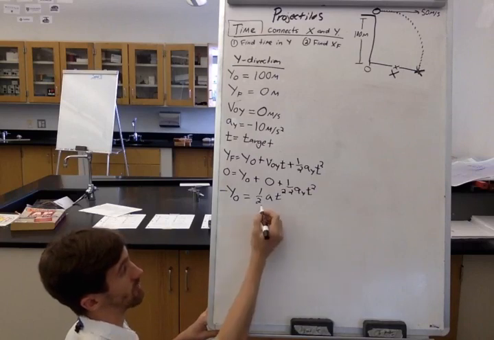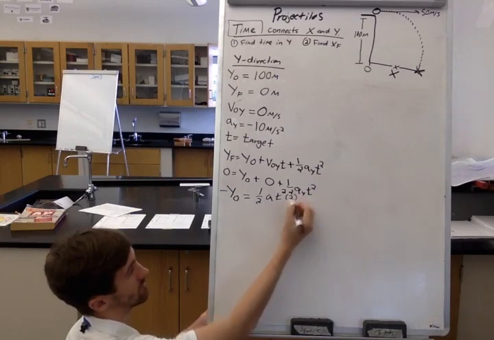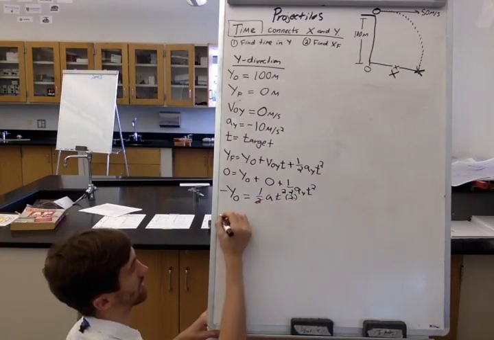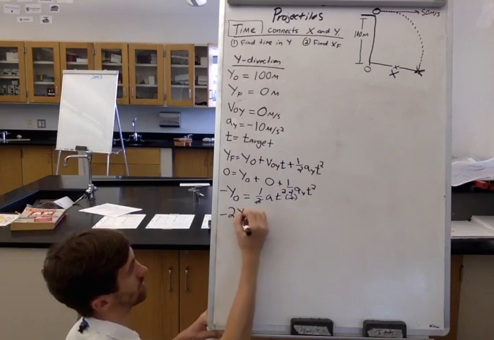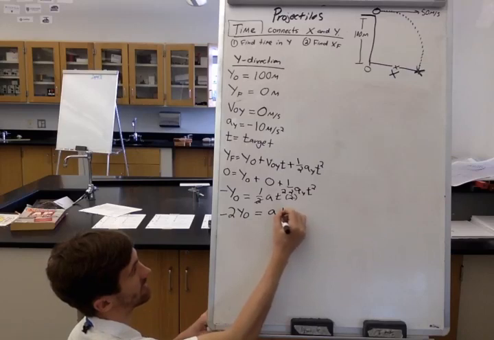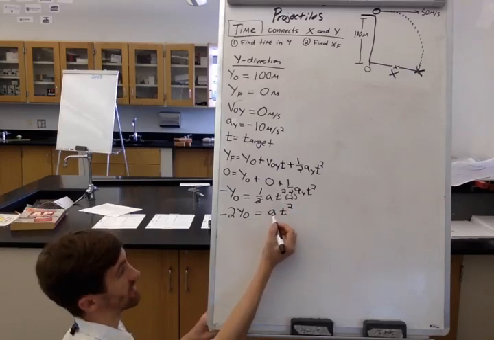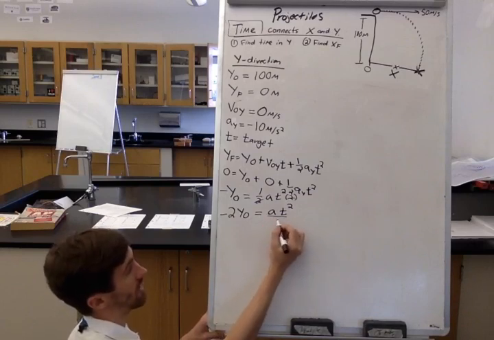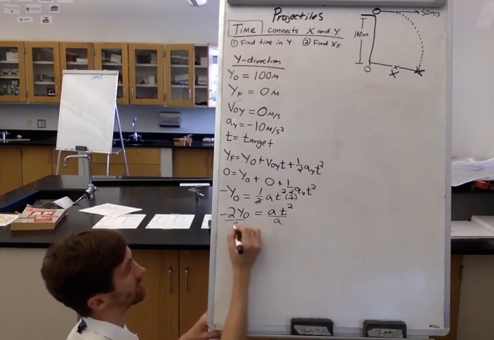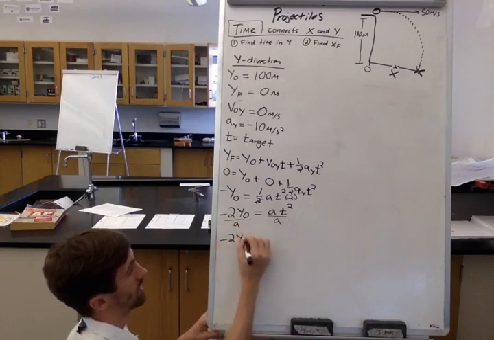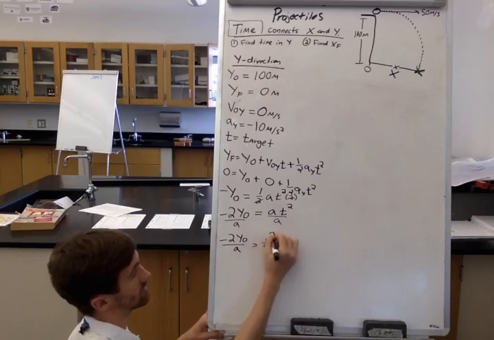Then I'm going to multiply both sides by 2 to cancel out, so I'll have negative 2 initial position equals a t squared. Trying to get t by itself, I have to divide by a, and I have negative 2y naught over a equals t squared.